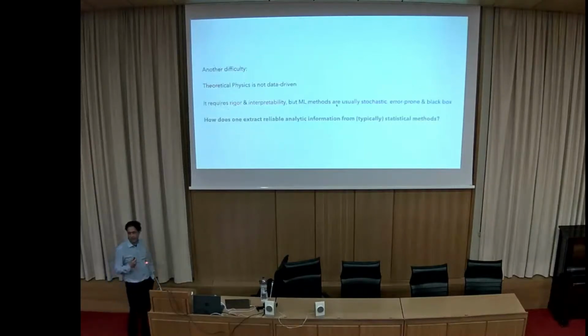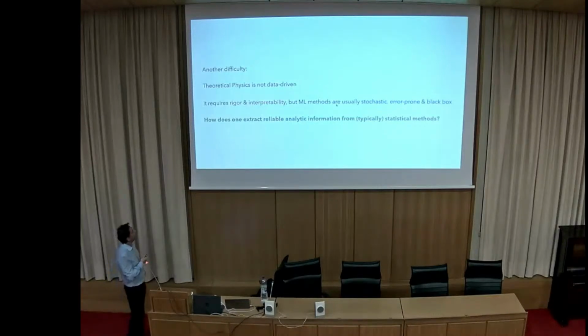So there is also another difficulty in applying these methods. Theoretical physics, as I already said, is typically not data-driven. Okay? It's not like astrophysics or chemistry or material science. We play a lot with concepts, and we do not have this aspect.